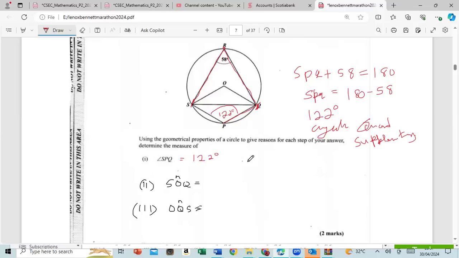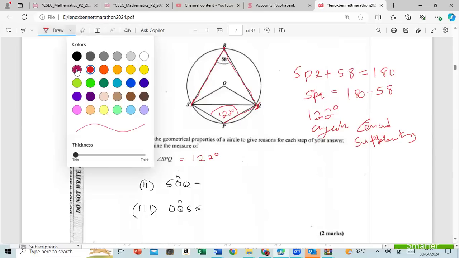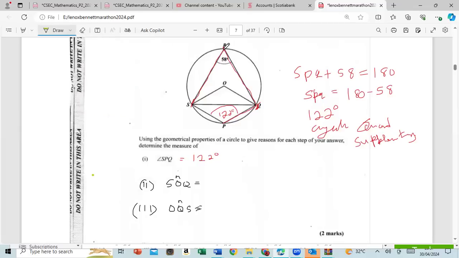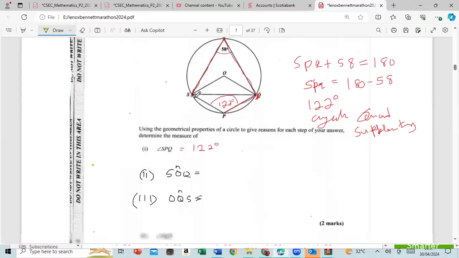All right. So next, I put in this one, angle SOQ. Who recognizes SOQ? Remember when we were doing the rules, guys? Isn't that one of the rules? The angle at the circumference is half the angle at the center. They're going to give you them crowded, but you have to have the eye to see it.